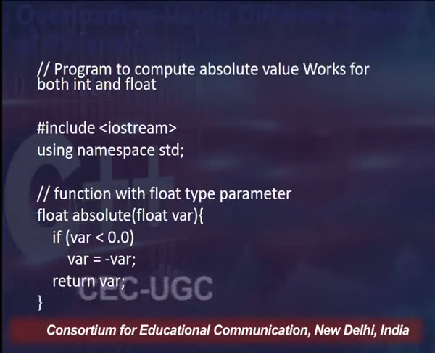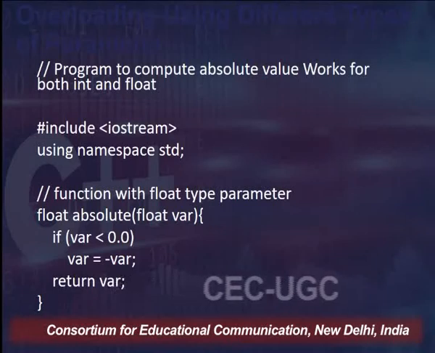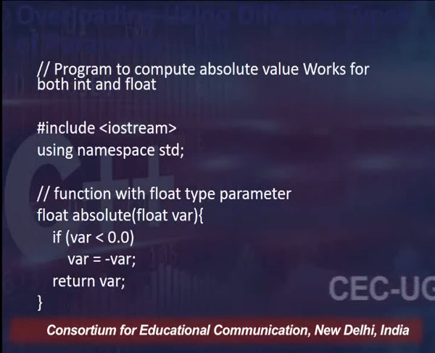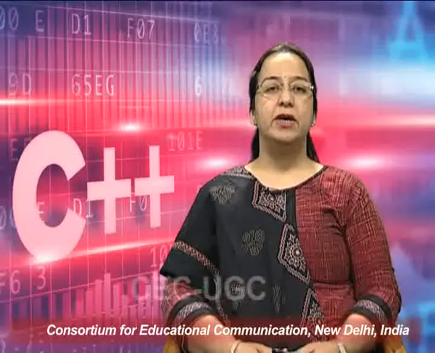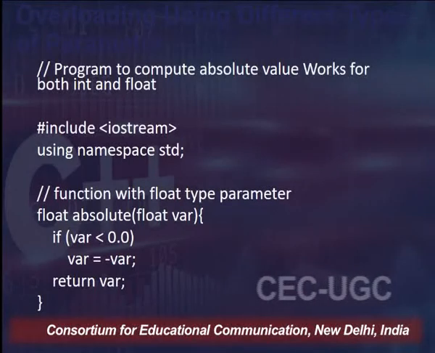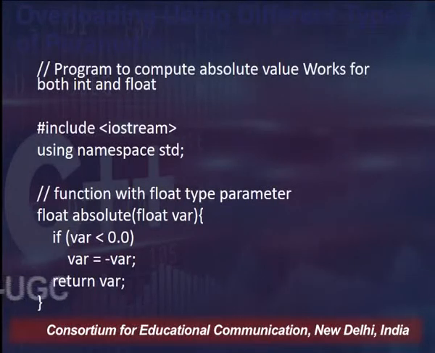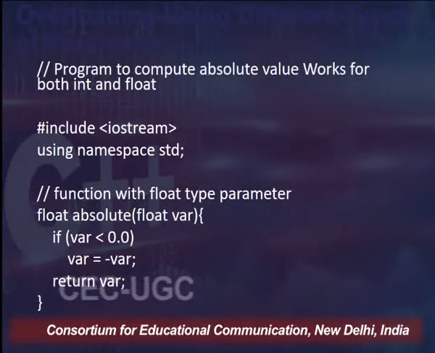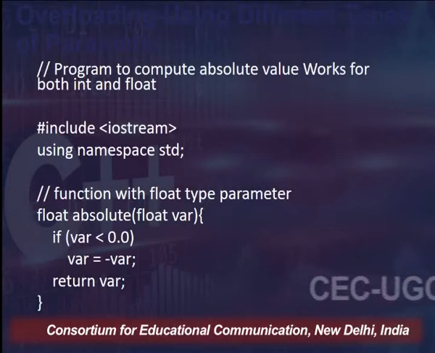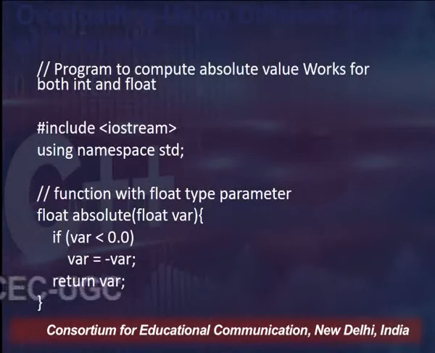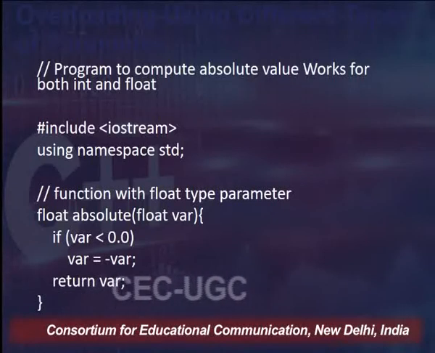We will have two versions, one for float and another for integer. In the first, I have written float absolute, and in the parameter list there is only one variable of type float. The return type is float.